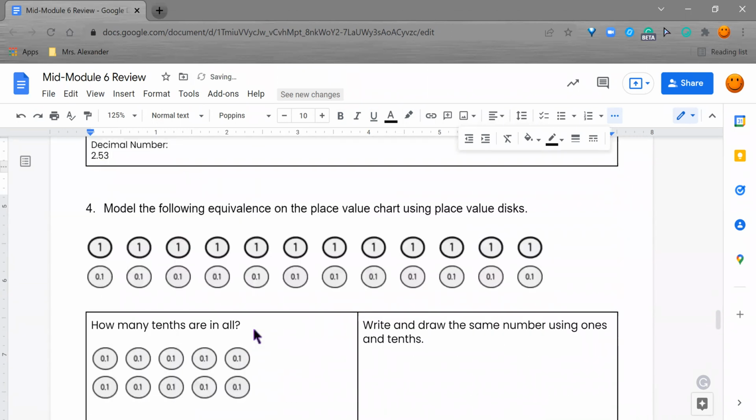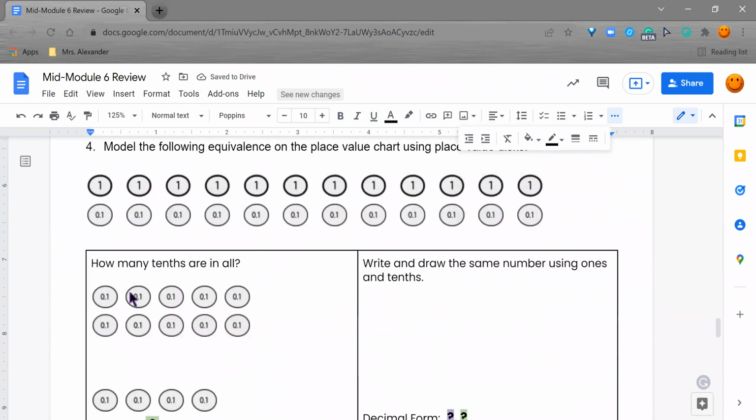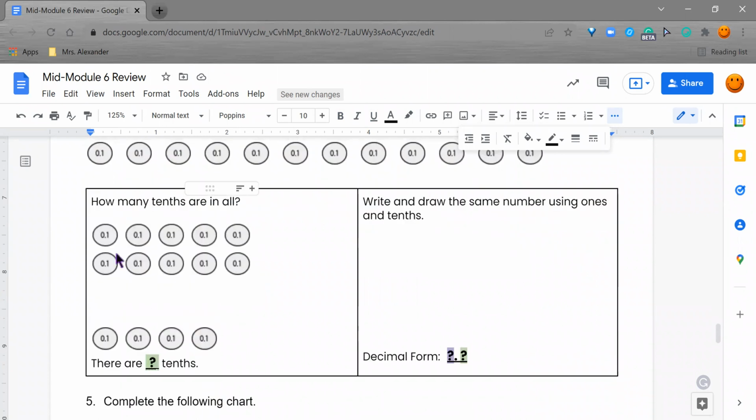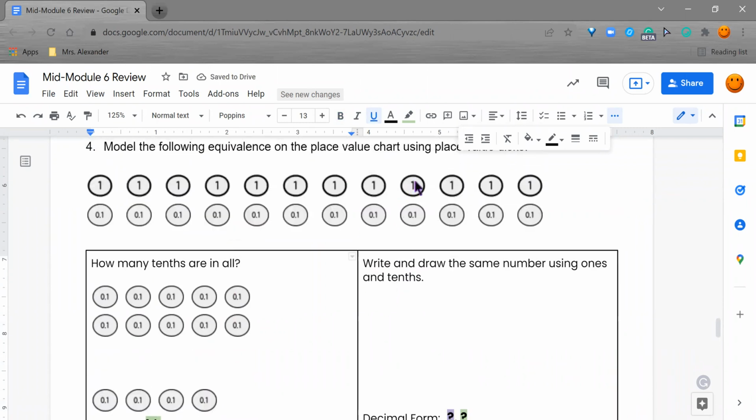And then we have this one. We have to just count how many tenths are in all. I'm getting 1, 2, 3, 4, 5. Look, 5, 10, plus 1, plus 4 more is 14. So right here, I'm going to write 14. Then they're asking us to turn it into ones and tenths.